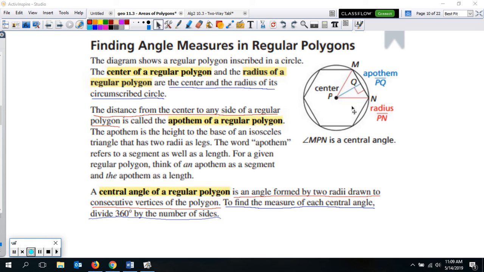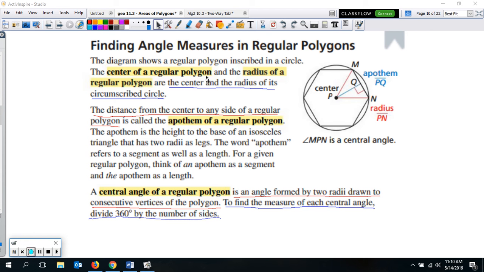inside of a circle. So the circle would be circumscribed around or about the polygon. So it says the diagram shows a regular polygon inscribed in a circle, because it's in the circle. The center of a regular polygon and the radius of a regular polygon are the center and radius of its circumscribed circle.